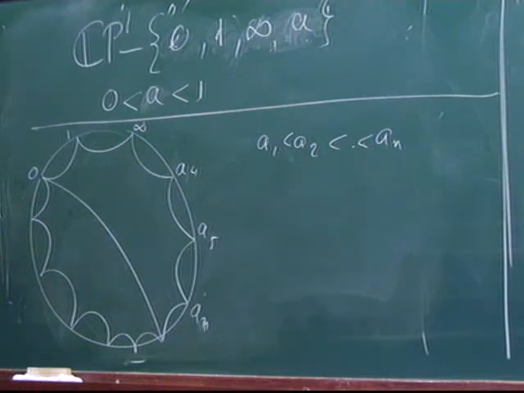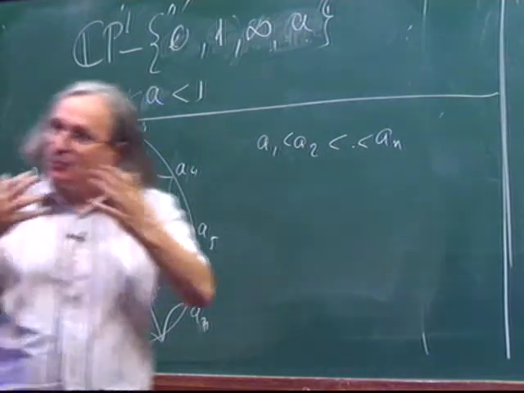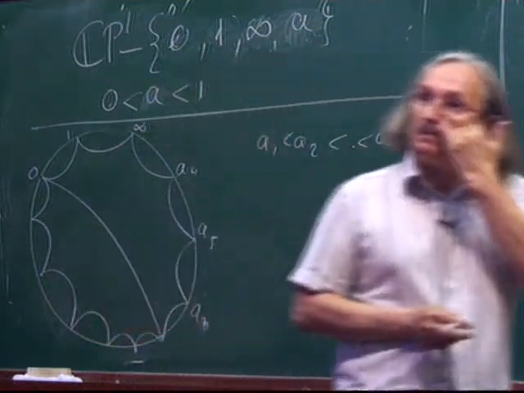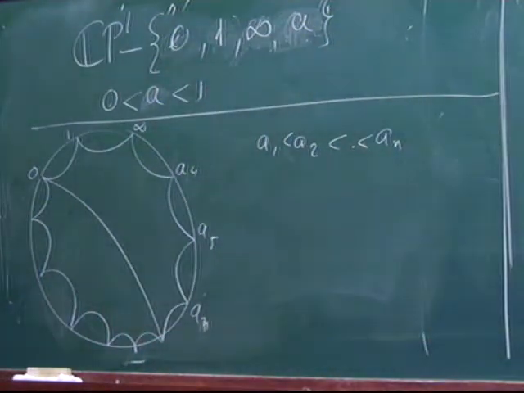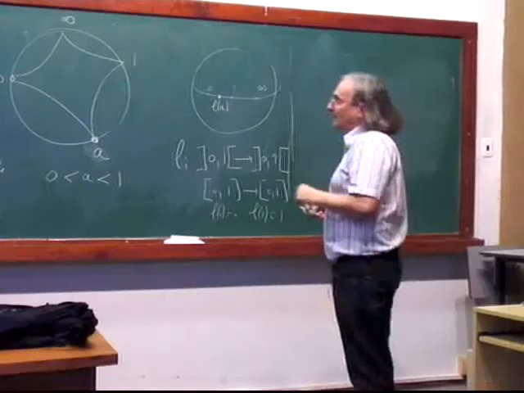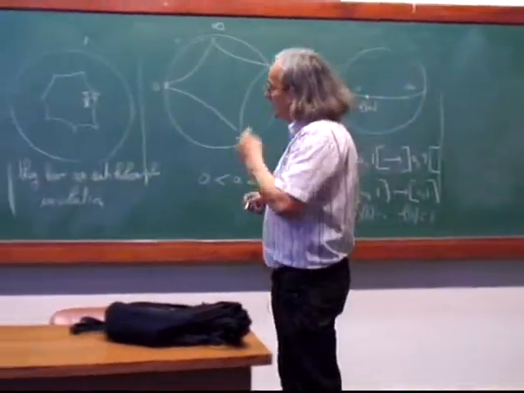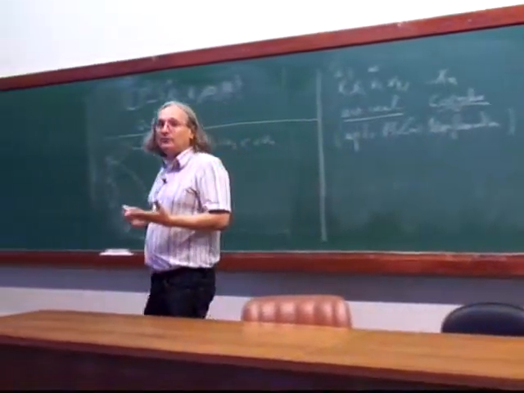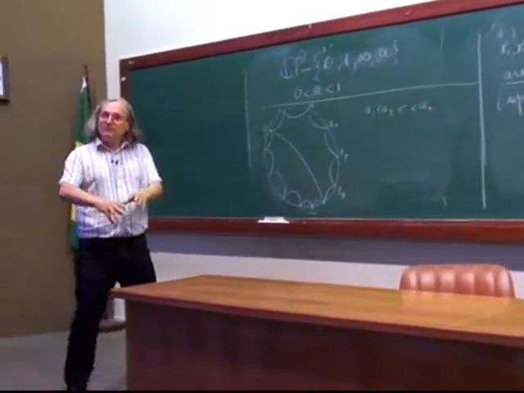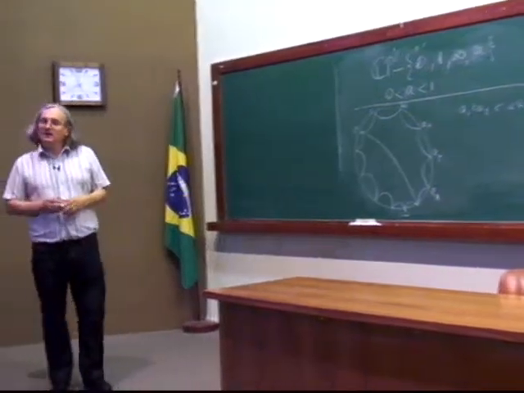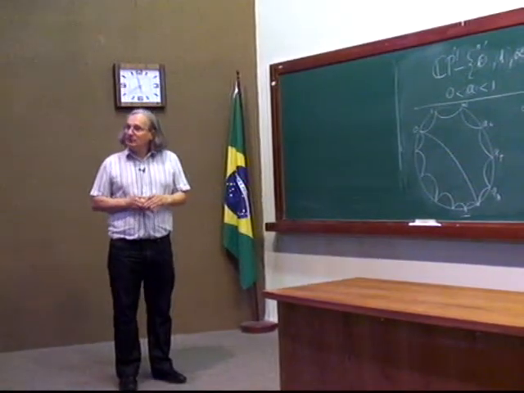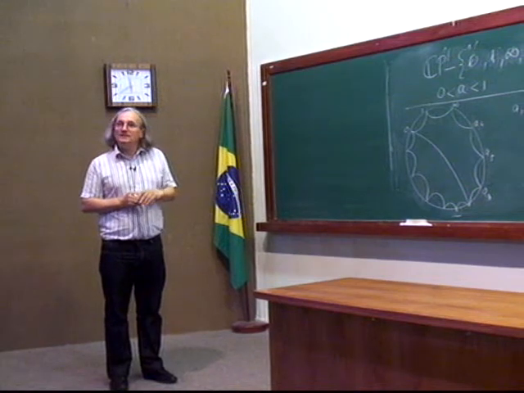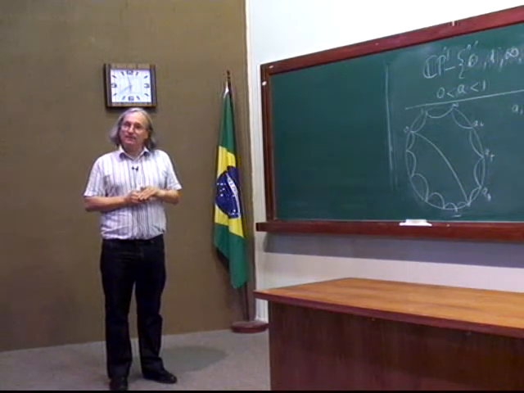And again, using some form of Brouwer theorem, you prove the map is onto. And that gives the outline of the proof of the weak form of the uniformization theorem. If you delete a finite set of points in an algebraic curve, the universal cover of the complement is the Poincaré disk.